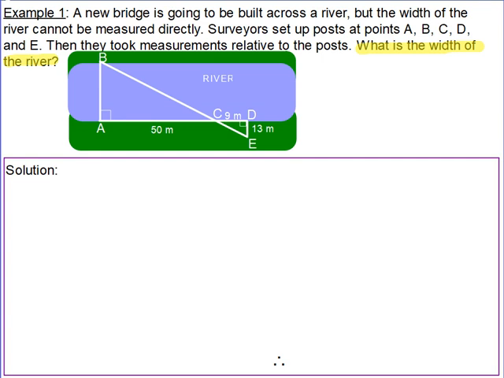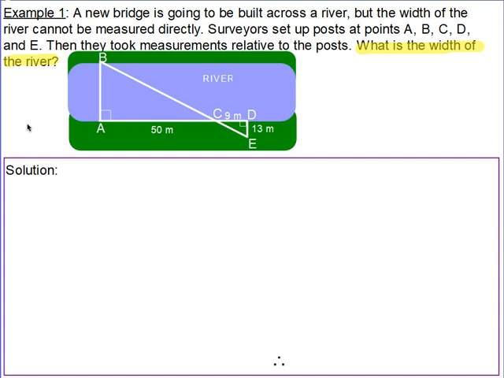There's one particular side length that we are looking for, and it's the side length that represents the width of the river. I know this diagram isn't too pretty, but I think you get the idea. There's green grass, and then there's that blue river, and we labeled it river for you in case you didn't know what it was.